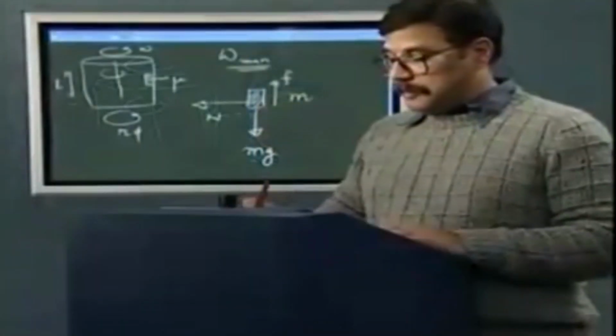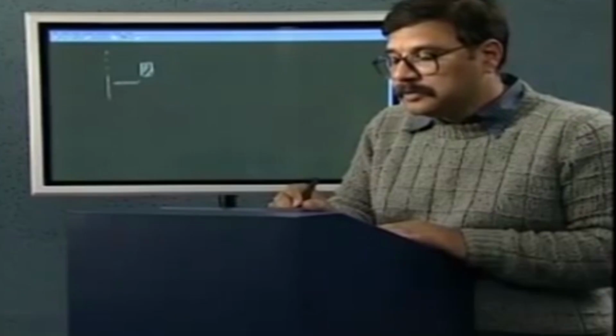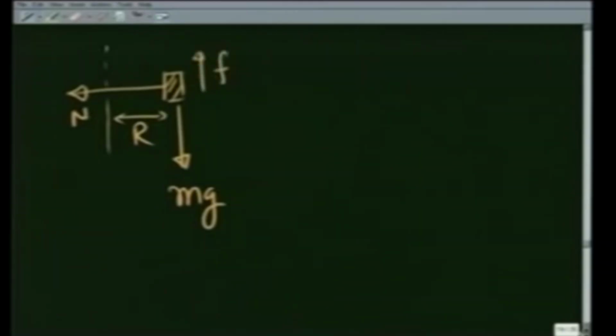So, let us see what happens to this mass. This is at a distance equal to the radius of the cylinder from the center. It is being pulled down by weight mg. There is force N on it and there is frictional force F on it.